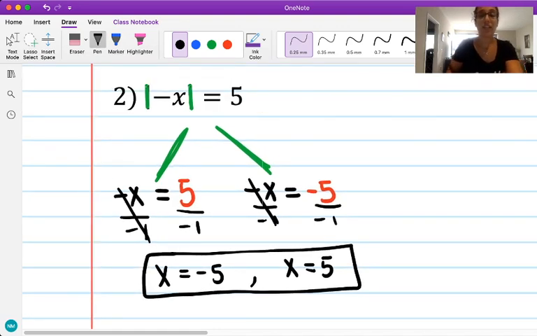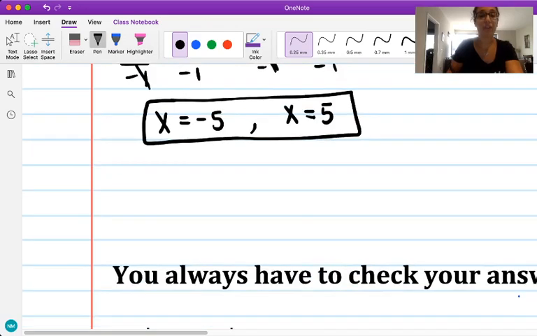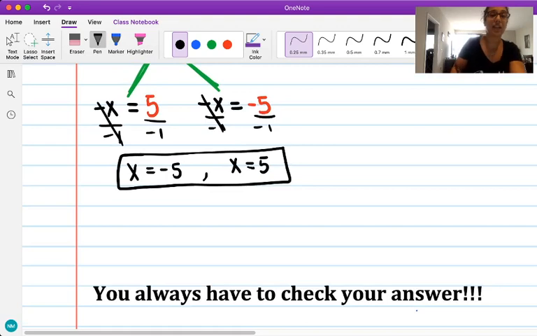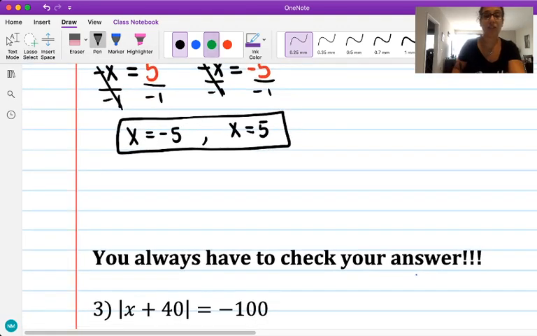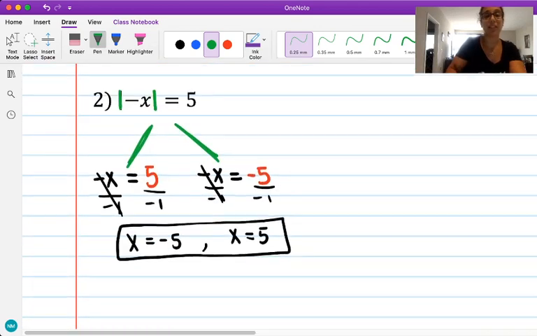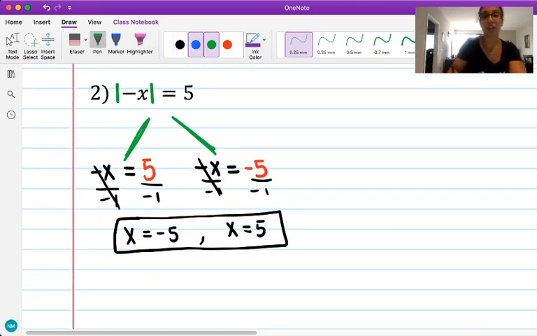Now, here's the key. You have to always check your answer because there is something in math called an extraneous solution, which means it is possible to get a solution that actually does not satisfy the equation. Yes, it's possible. We will see an example of that, but let's just check this equation. The absolute value of negative x is 5.